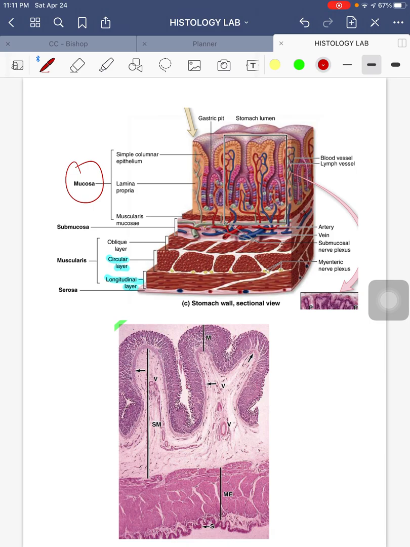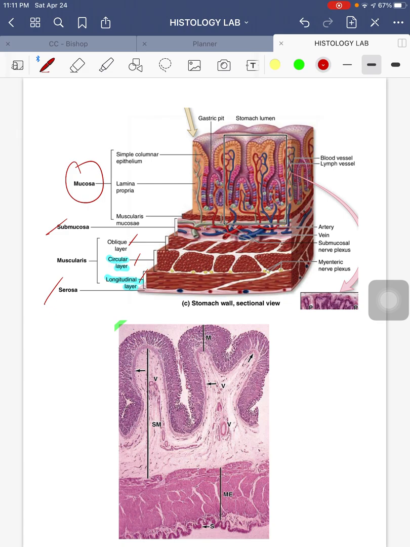Then there is the submucosa that also contains blood vessels, and afterwards the muscularis externa or tunica muscularis, which contains smooth muscle in different orientations: oblique, circular, or longitudinal layer. Finally the covering, which is the serosa. So that's how we should understand the constituents of the digestive system.